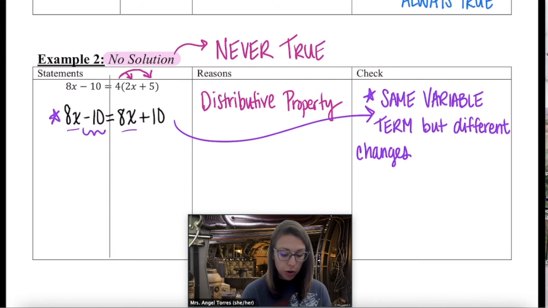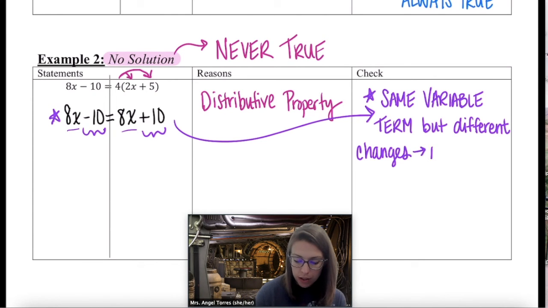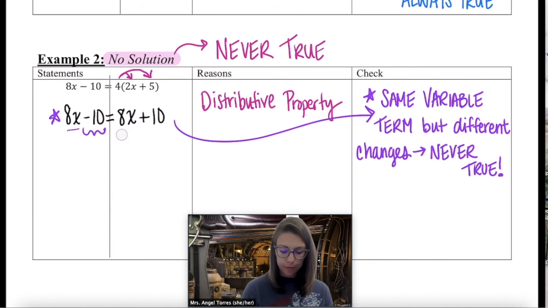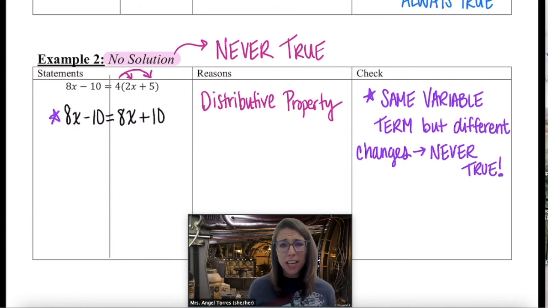Here I'm subtracting 10, and here I'm adding 10. That's how we know this equation is never true. But again, some of you might have a hard time seeing that. So let's go back and continue solving and see what happens.